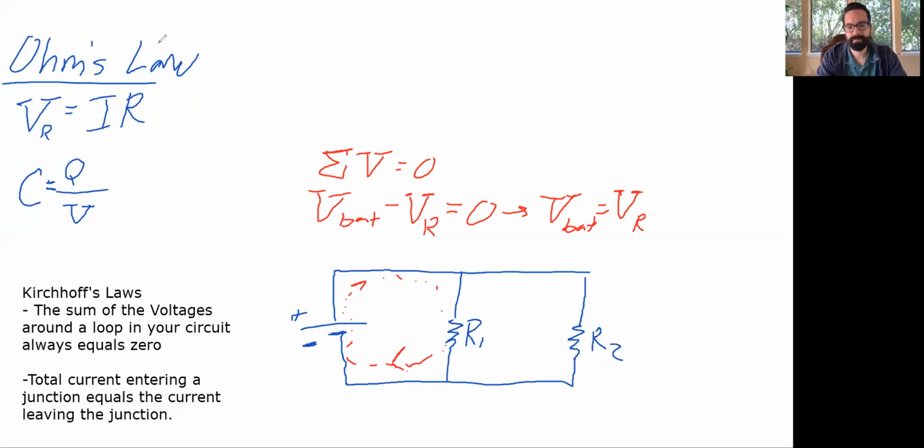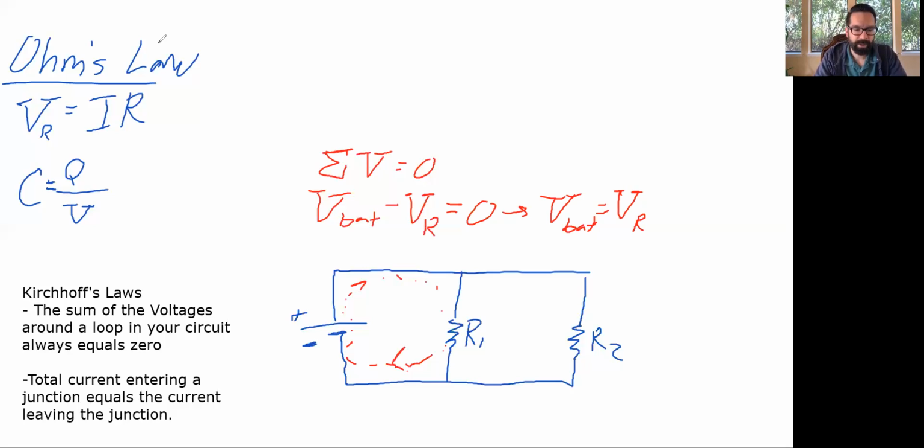We're able to use that equation from the loop law to say that, which you should be able to tell anyway because they're in parallel. One of the characteristics we talked about, and we'll talk about again today, is that if you have circuit elements in parallel to each other, they're going to have the same voltage.